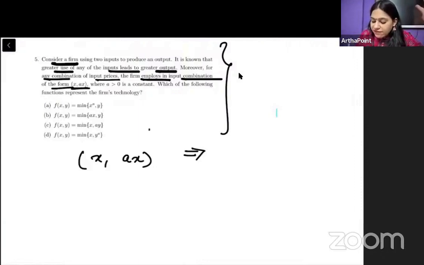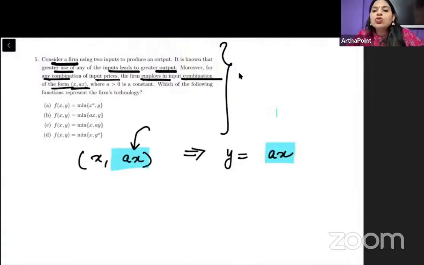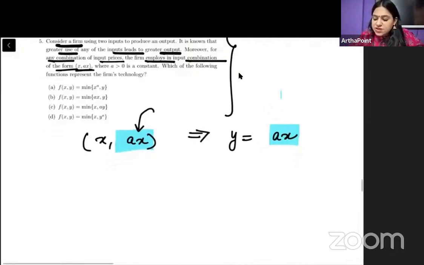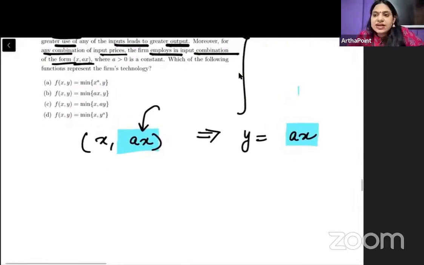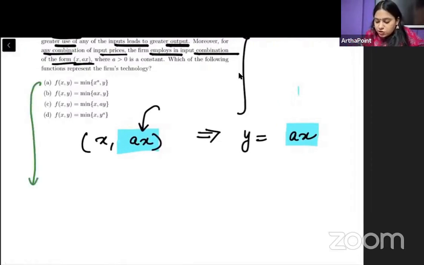And how much y am I using? Y is equal to ax, right? The amount of y, the other input, is given to me as ax. So I need to look for such a production function which gives me the same analysis, that y should be equal to ax.